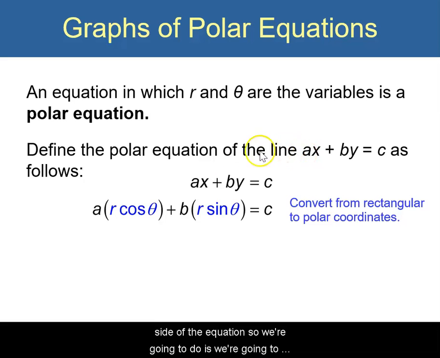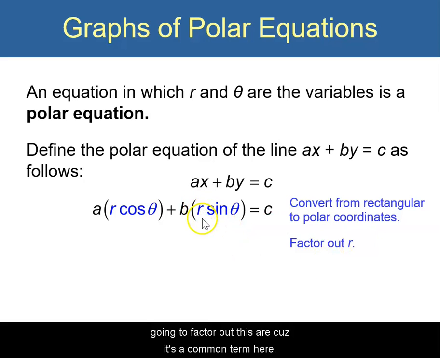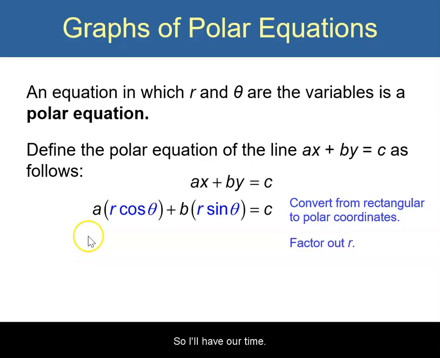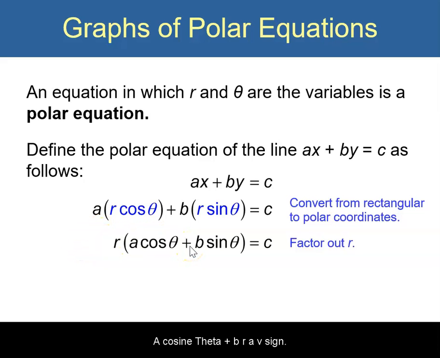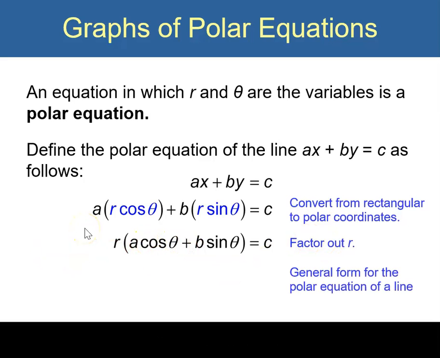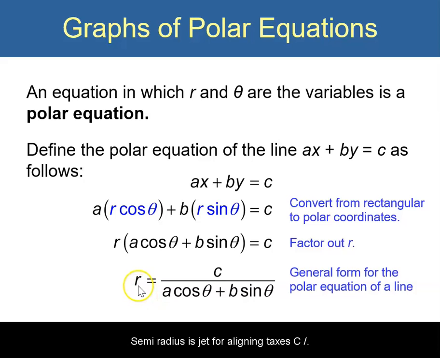So we make these substitutions and then solve for r. We're going to factor out this r because it's a common term here, so I'll have r times (a cosine theta plus b sine theta). Then I can divide this on both sides. So my radius, for a line, is c divided by this value, a cosine theta plus b sine theta.